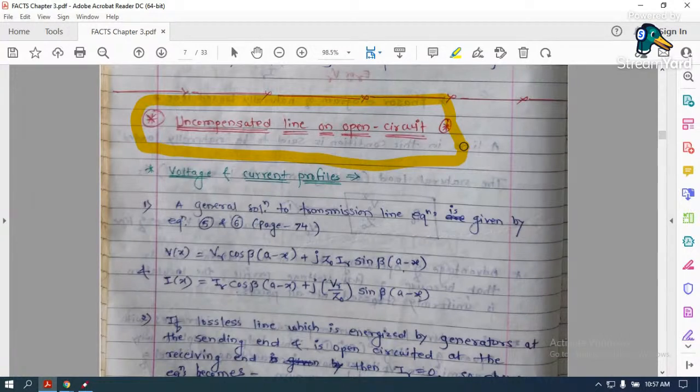Load connect नाही केला, right? Short transmission line असेल, short distance transmission line, काही फरक नाही पडत. But for medium and longer line, there will be one effect called Ferranti effect.